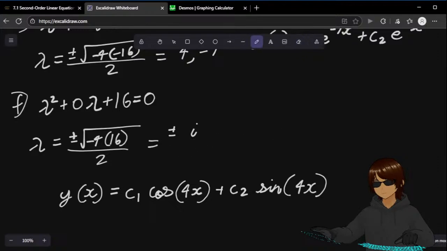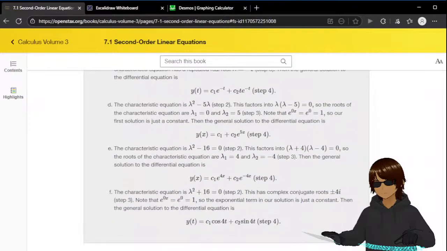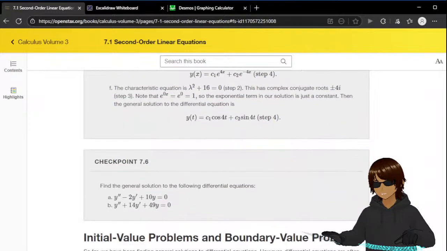I think it will be easier to understand as a single beta. Okay, this is done.